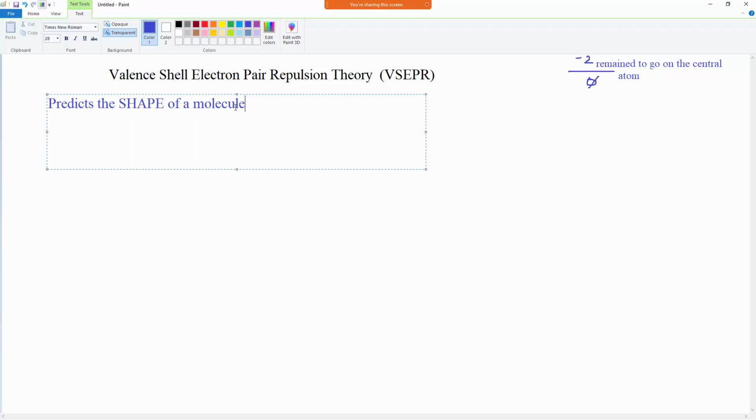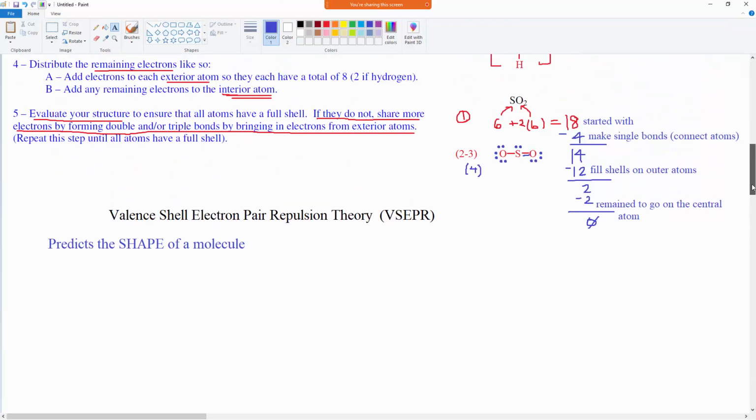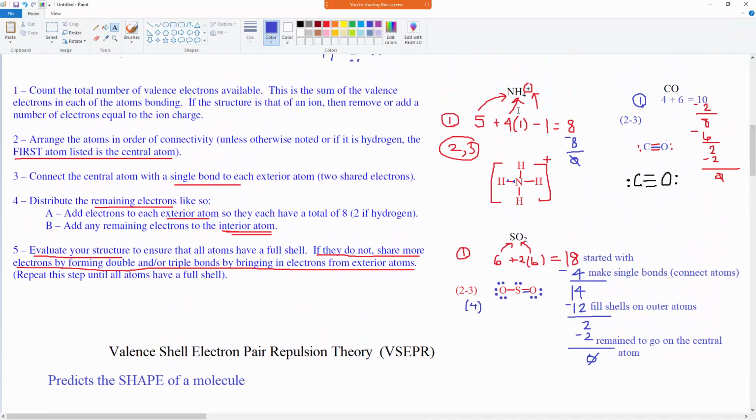And so we want to know the shape of a molecule. The shape contributes greatly to the molecule's physical properties. So physical and chemical properties come from the shape of a molecule. And while our Lewis dot structures are really good at telling us who owns what electrons and how they are shared and distributed, they don't tell us anything about the shape, right?